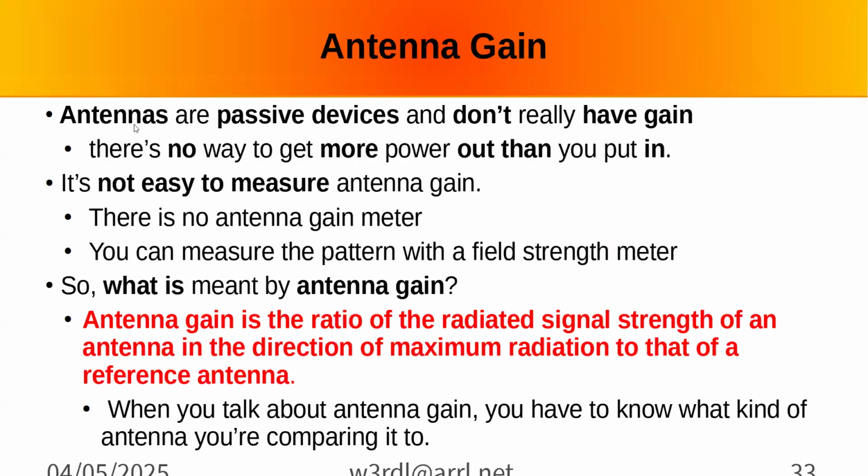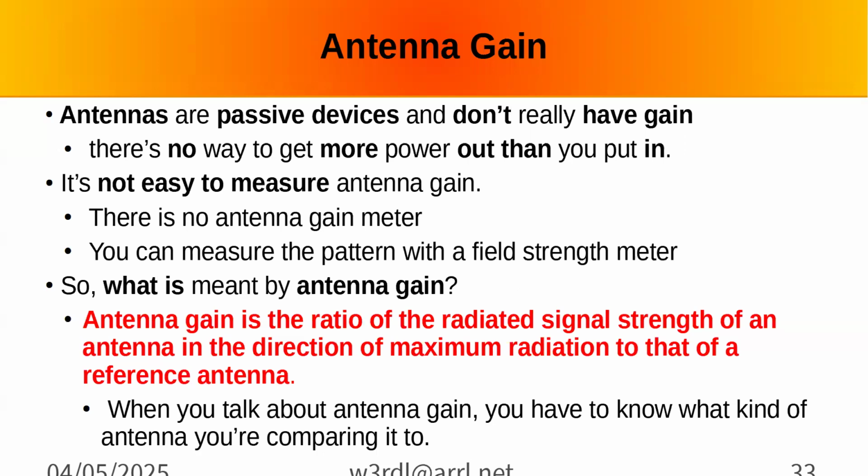Okay, talk more about antenna gain. Since antennas are passive, they don't really have gain, like I mentioned. Power out is equal or less than power in, and it's normally less than power in. So the definition of gain is the ratio of the radiated signal strength in the direction of maximum radiation to that of a reference antenna, either an isotropic or a dipole.